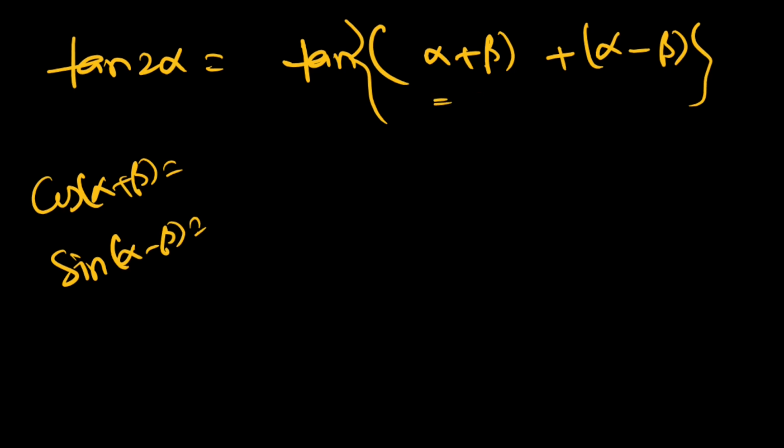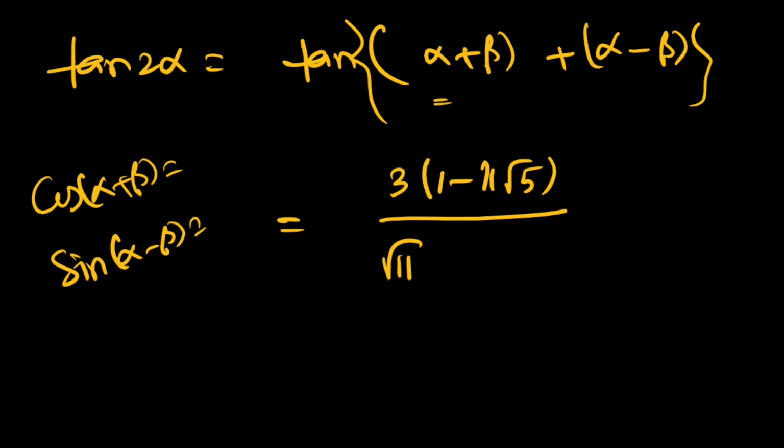Then we break it using the tan (A plus B) formula, then we put the values of tan of alpha plus beta and tan of alpha minus beta, and we get a compact form: 3 into (1 minus 11 root under 5) over root under 11 (root under 5 plus 9). Then we compare with the given tan 2 alpha value, find the values of r and s, and get the final answer 20.